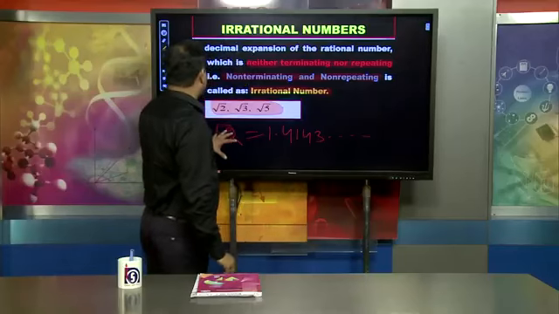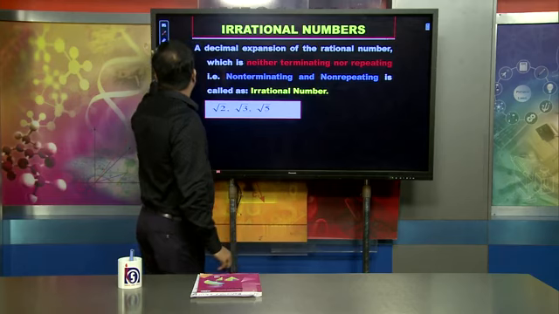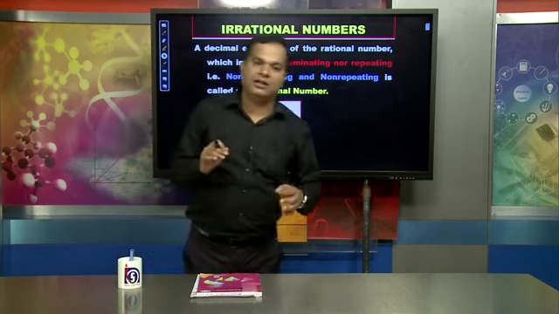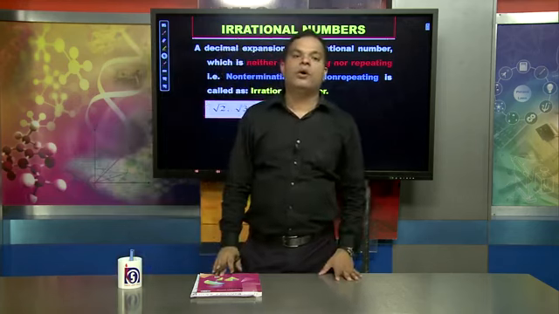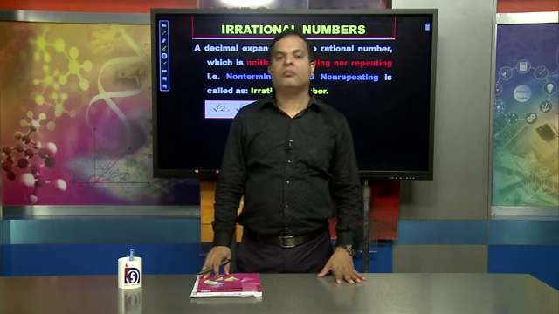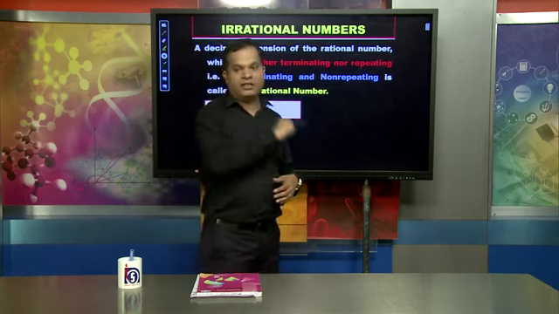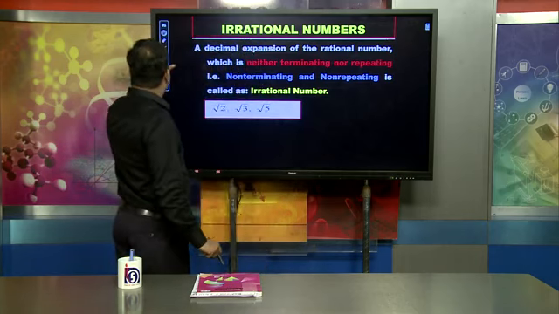So in this case we can say these are irrational numbers. Another very important aspect in the number system is how we have to represent rational or irrational numbers on the number line. That part will be discussed.